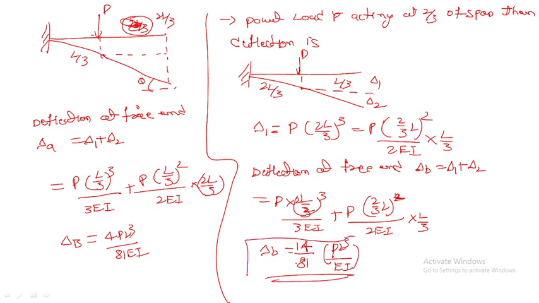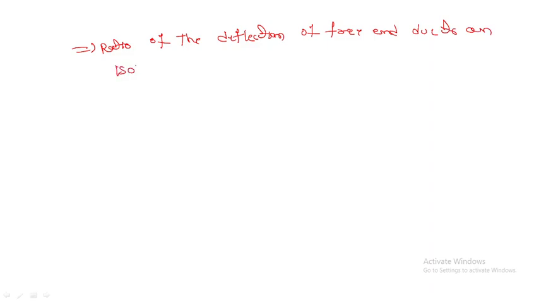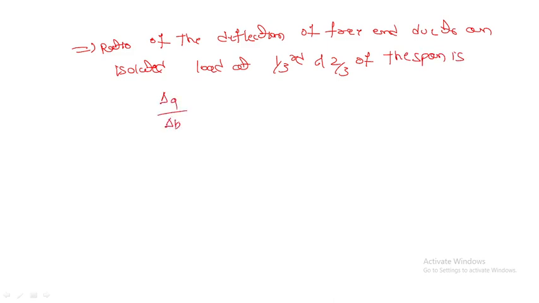That is delta B. Now the ratio of the deflection of the free end due to an isolated load at 1/3 and 2/3 of the span is delta A by delta B. Now they have asked the equation.